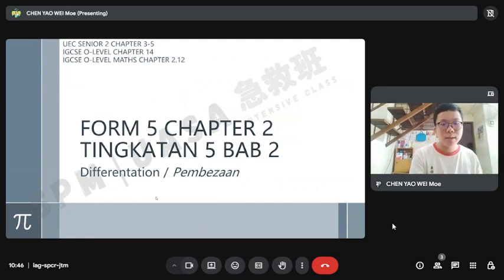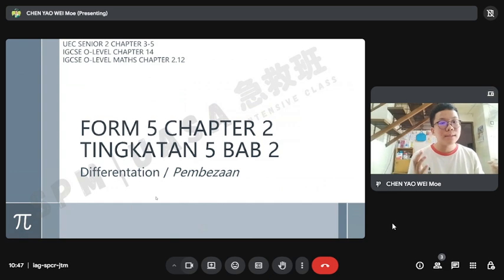Differentiation is important because when you move to Form 6 and also to matriculation, you use it for your further study. If you carry on to further study, then you learn more about differentiation.